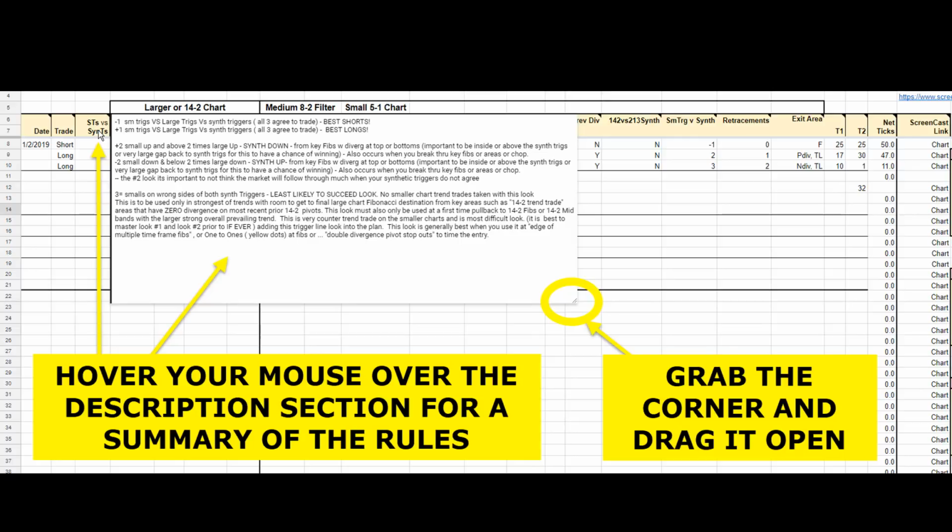We've got a number 2 look where you're going to be in a transition phase. Maybe you've made a bottom at Fibonacci or a top at Fibonacci, and the trigger lines are going to have a very specific look that will allow you to take advantage of that situation with the trend trade on your smaller chart.